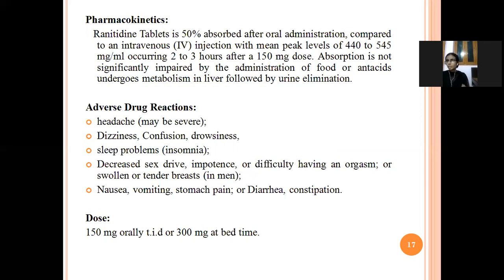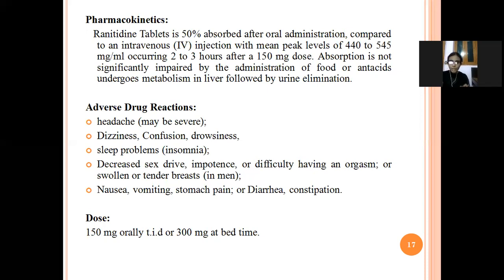The absorption is not impaired by the administration of food or antacid. So in the presence or absence of food, the drug action is not affected.